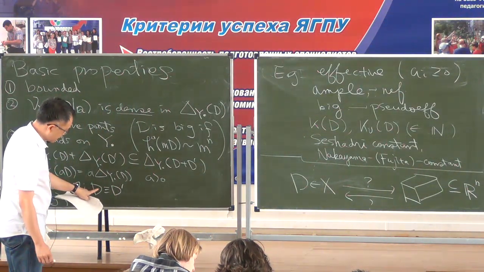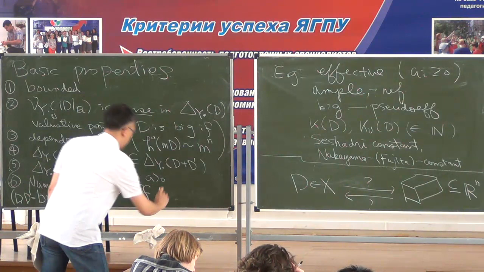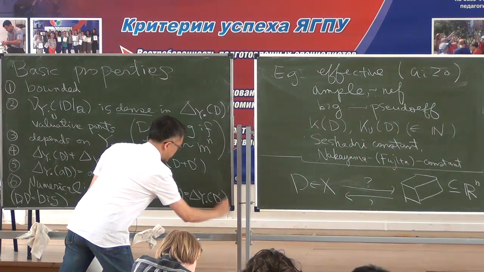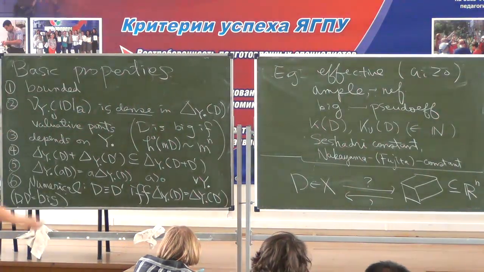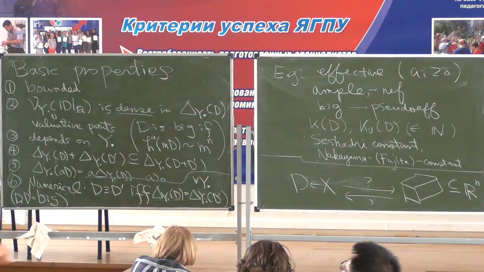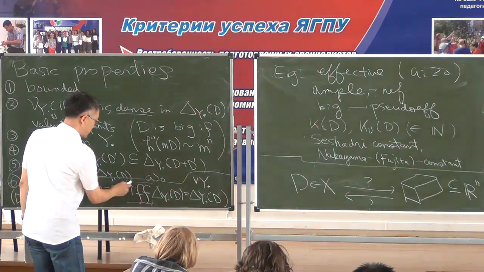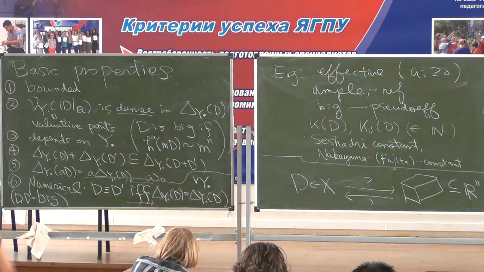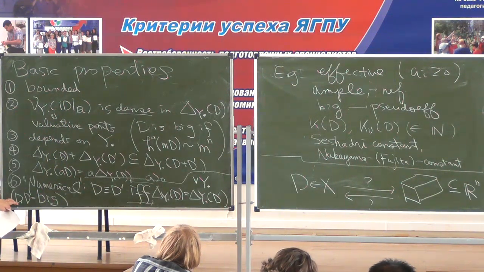So if the two big divisors are numerically equivalent, then the Okounkov bodies are always the same for any flag. So this direction was proved by Lazarsfeld and Mustata, and the converse was proved later by one of Lazarsfeld's students. So this is a numerical object, at least for big divisors.